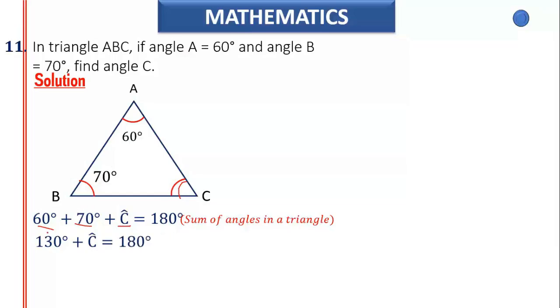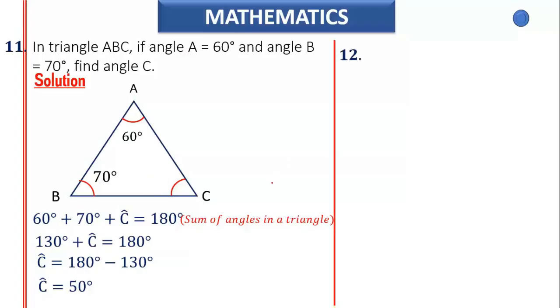Now you can also go ahead and simplify these two further. 60 plus 70 will give you 130, plus C equals 180 degrees. So you can simplify further. Your angle C, which is what we are looking for, is going to be 50 degrees. It's as simple as that.